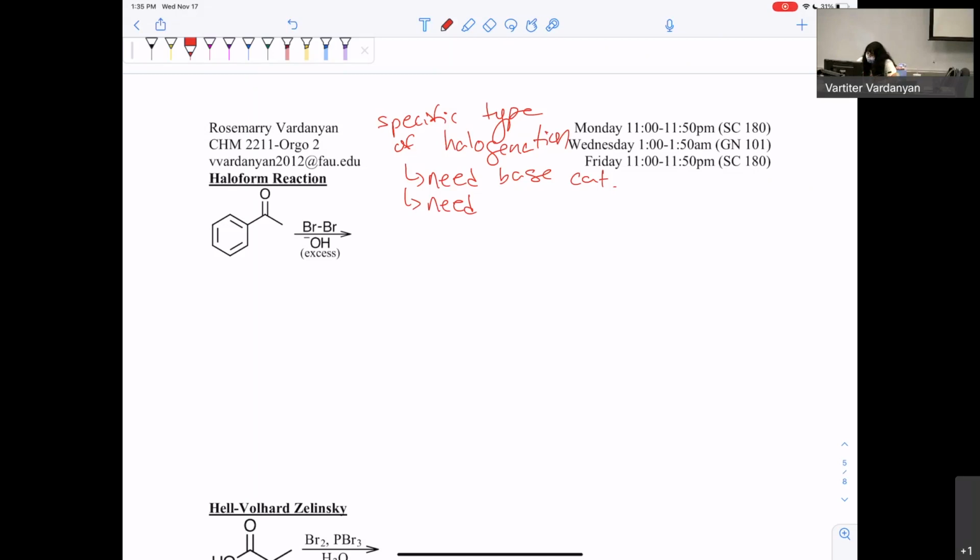So you need at least an alpha carbon with 3 H's.